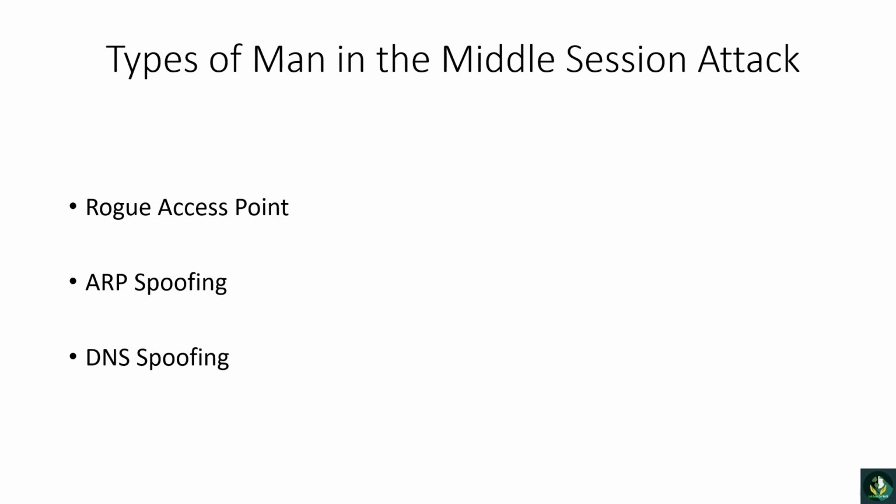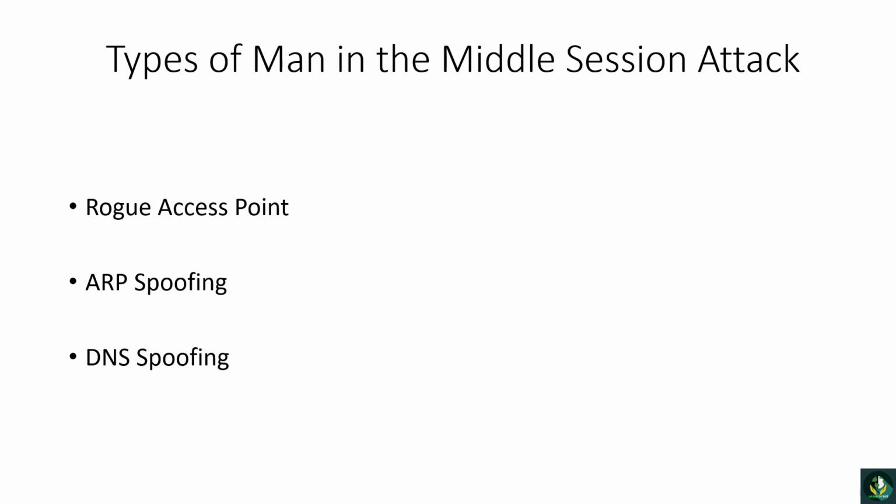And the final one is DNS spoofing. DNS spoofing, aka DNS cache poisoning, is conceptually similar to ARP spoofing, although it's typically more challenging to execute. The attacker must probe the target host with false information with the intention of poisoning the host's DNS cache.